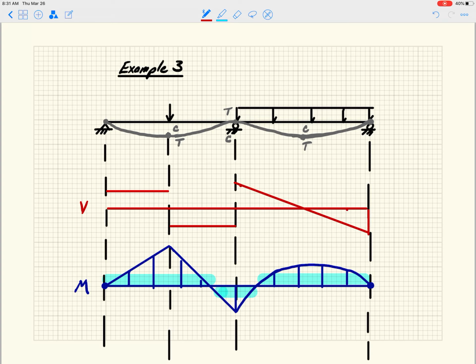And so I'm just going to draw that. And we have a jump where the applied point load is, right? So in general, we would say, okay, well, where that is 0, that's where the moment is maximum. You know, based on this sketch, it's probably a little bit further to the right.